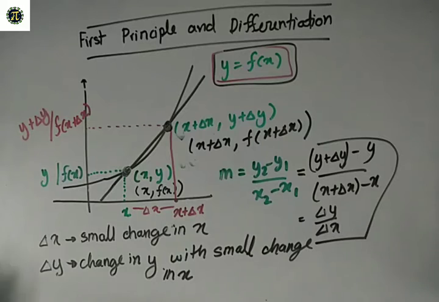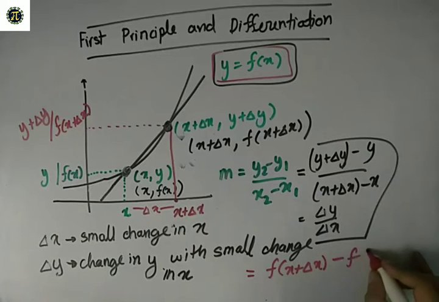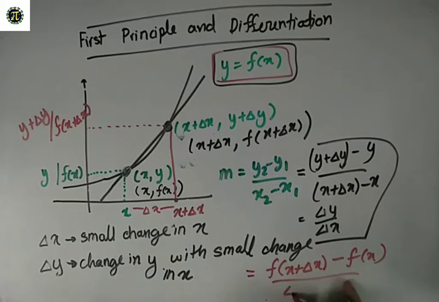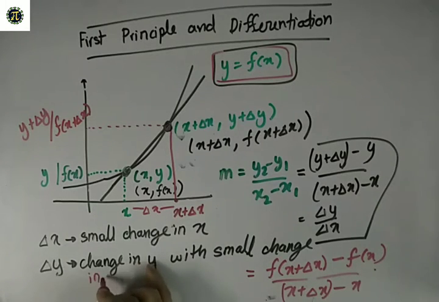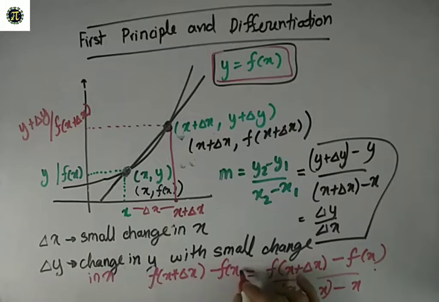It is also equal to f of x plus delta x minus f of x, by x plus delta x minus x, and here x will cancel, and this is equal to f of x plus delta x minus f of x by delta x.